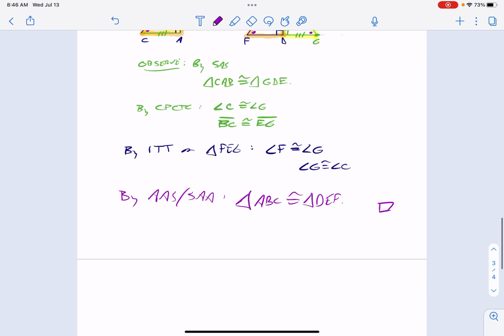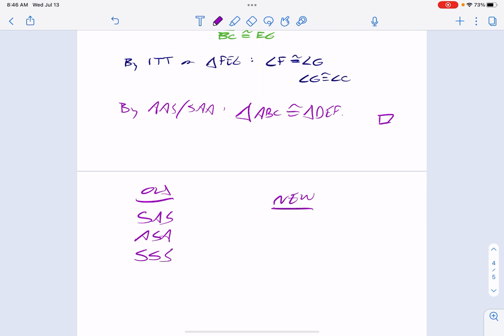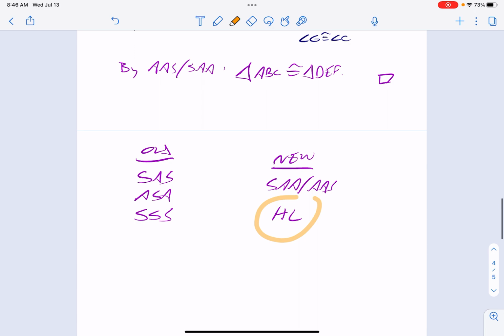So this is our fifth congruence rule. The old ones were side, angle, side; angle, side, angle; side, side, side. Our new ones are side, angle, angle, aka angle, angle, side, and hypotenuse leg. Always call this hypotenuse leg.